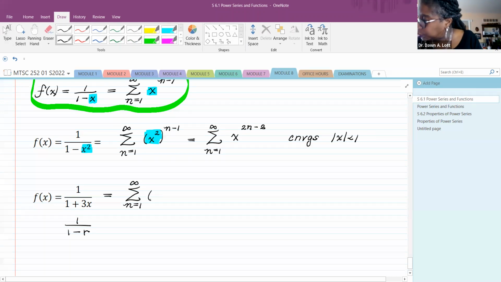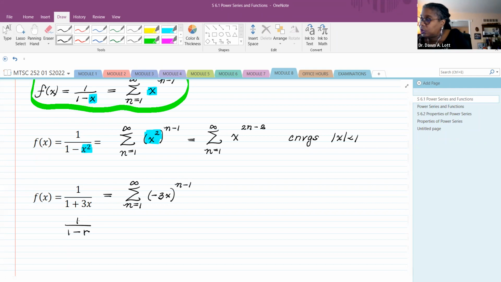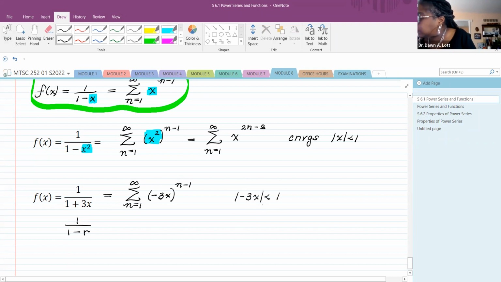Here r is negative 3x, so that'll be negative 3x to the n minus 1. And this will converge when the absolute value of negative 3x is less than 1, or the absolute value of x is less than 1/3. Okay, that's it.